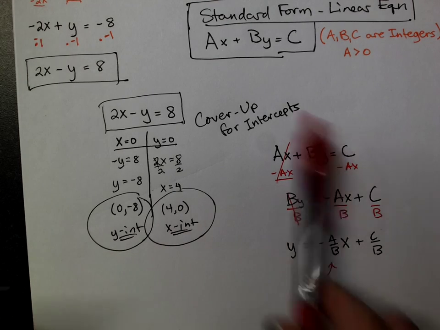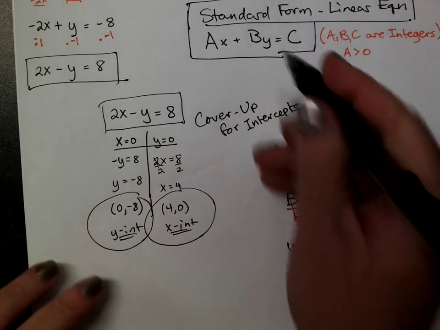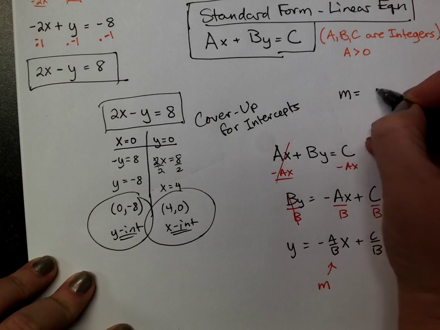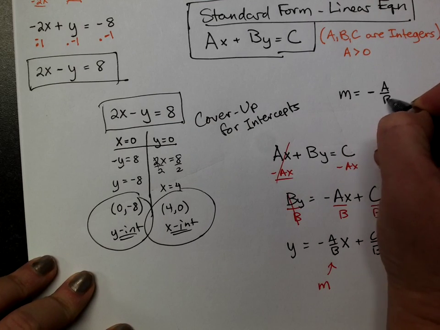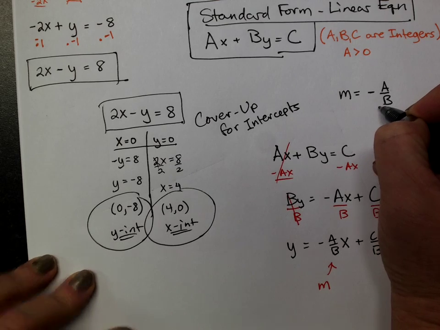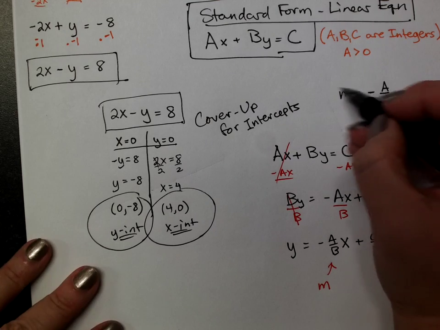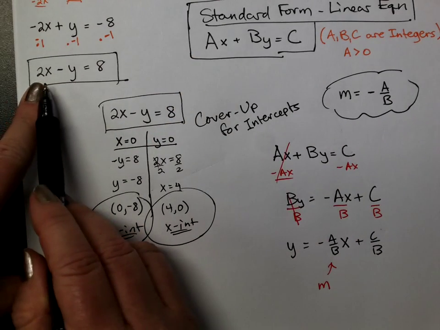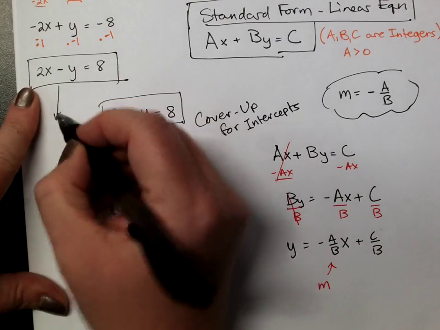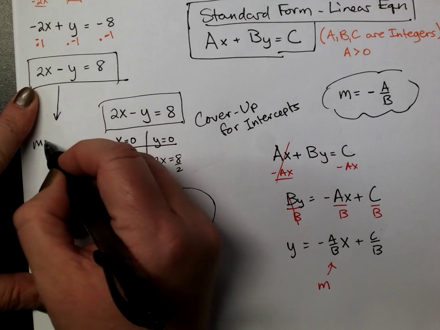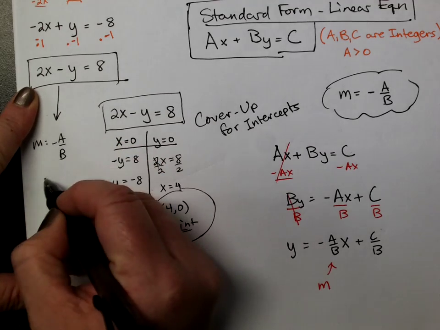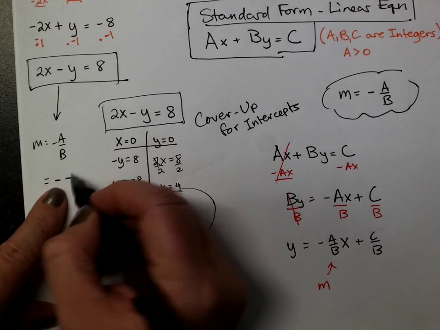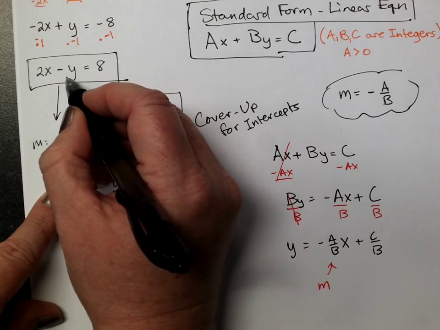So if you want to find slope from standard form, your slope is equal to your a over your b, with the sign flipped. Don't flip it in slope-intercept form, but in standard form, just take your a over your b. So look at this. What's my a? My a is 2. So m equals negative a over b, which means negative, I just put the negative sign, my a is 2, and what's my b?